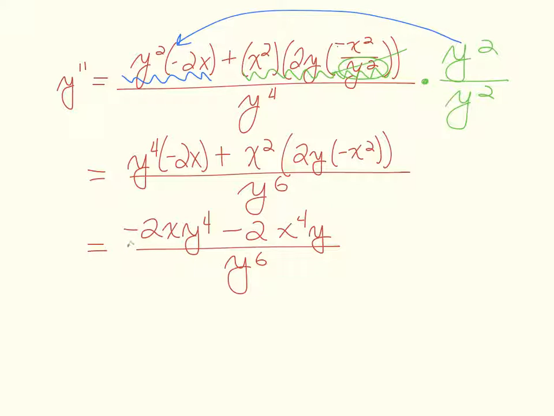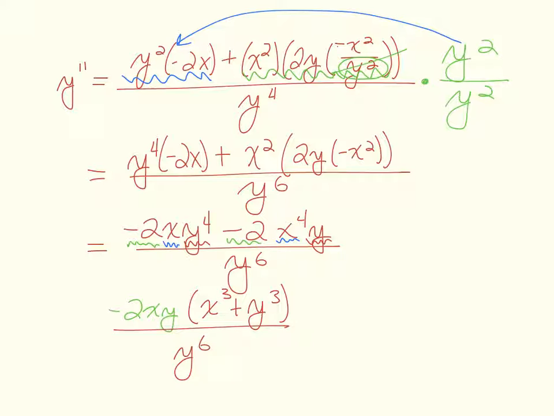So that would be a negative 2. We can factor out 1x from both terms, and we can factor out 1y from both terms. So I'm going to factor all that out, negative 2xy. And on the inside we're left with x cubed plus y cubed. All of that is over y to the sixth power.